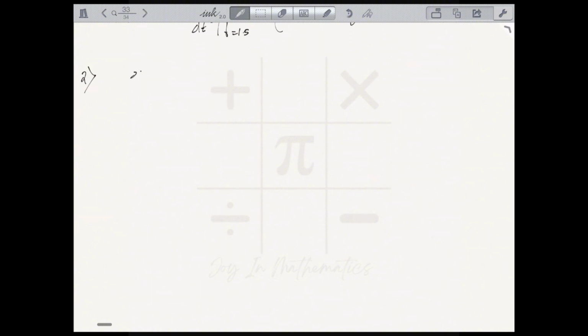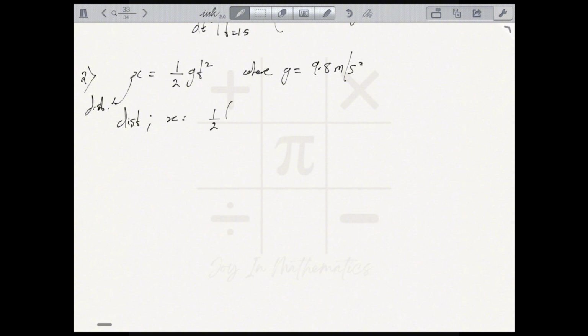We were given that x equals 1 over 2 g t squared, where g equals 9.8 meters per second squared. X is the distance. So substituting the value of g, that's 1 over 2 into 9.8 t squared, and that will give us 4.9 t squared, the unit being meters.